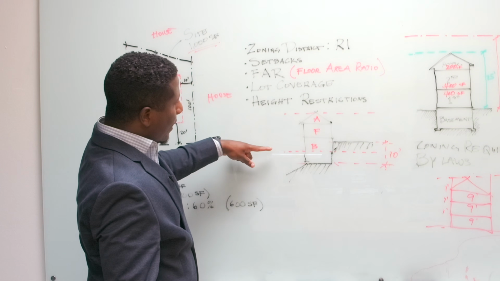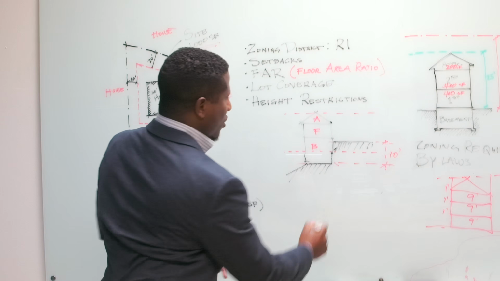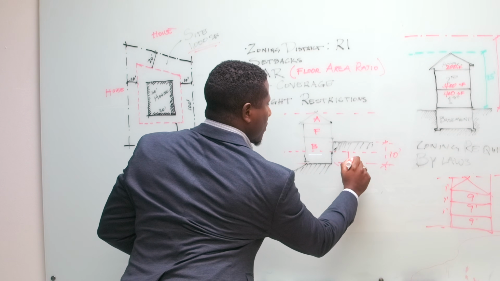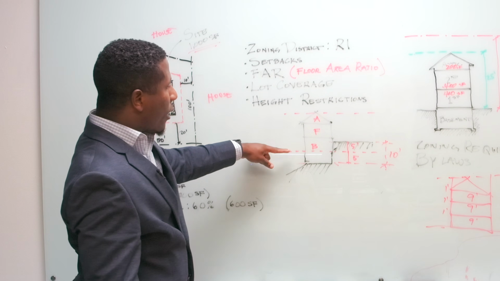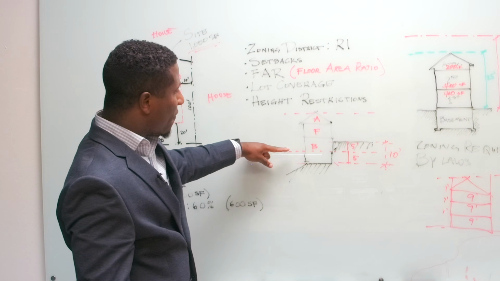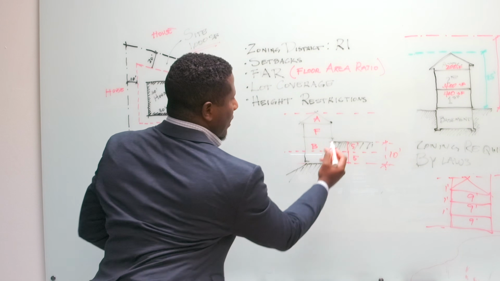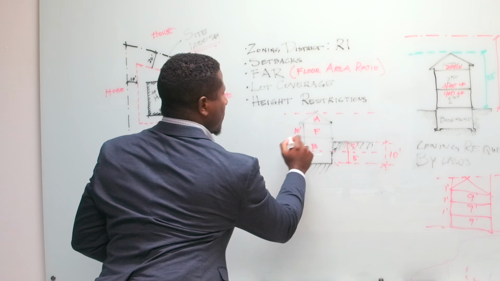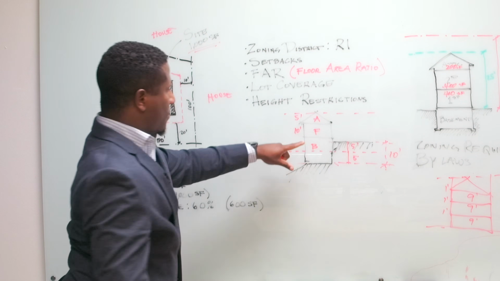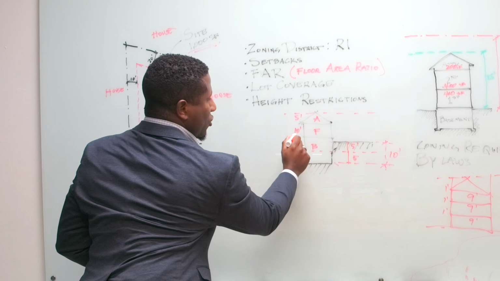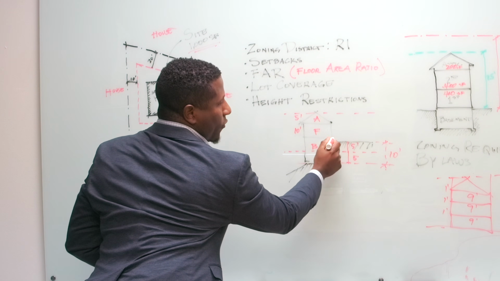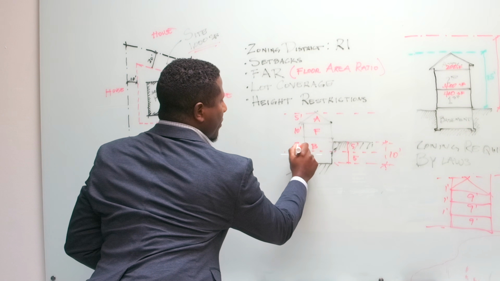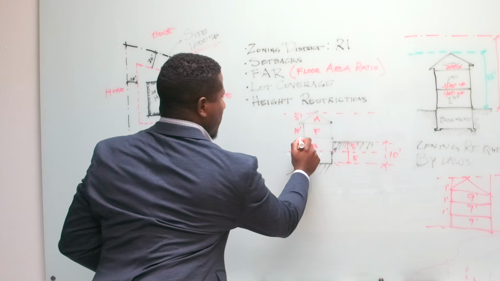You will get the middle ground, which is 5 feet, 5 feet, and 5 feet. And you will start your height from the middle point of that. So let's say this is 10 feet, this is 5 feet, and let's say it's 2 more feet from the ground, so let's say 7 feet.